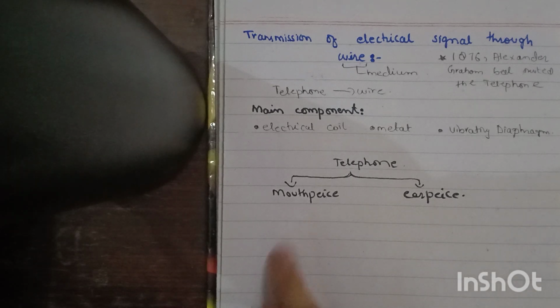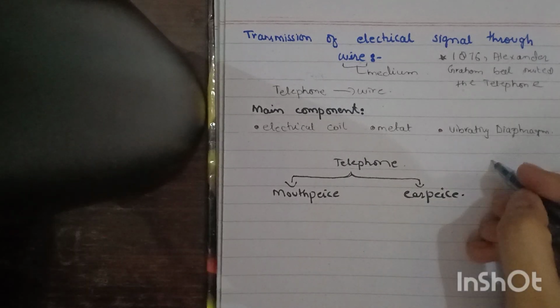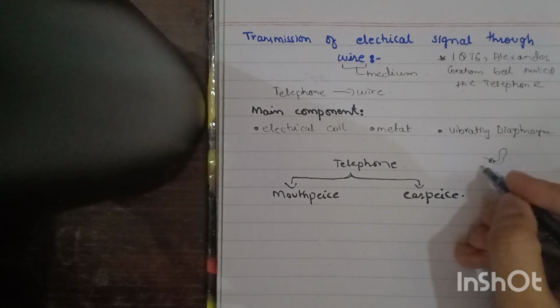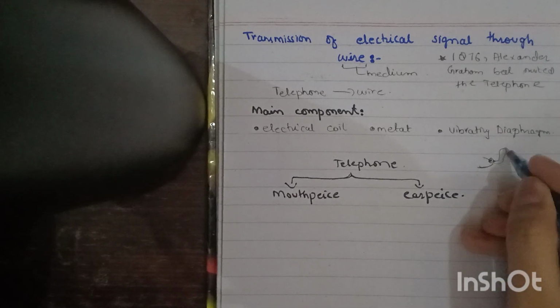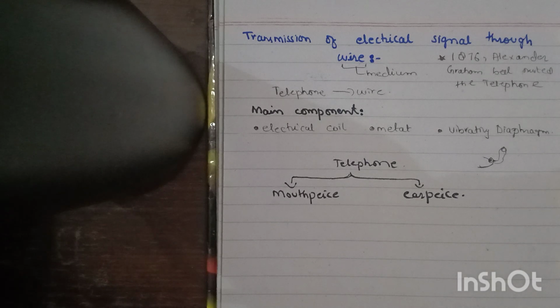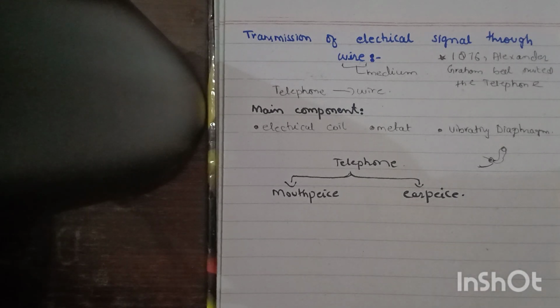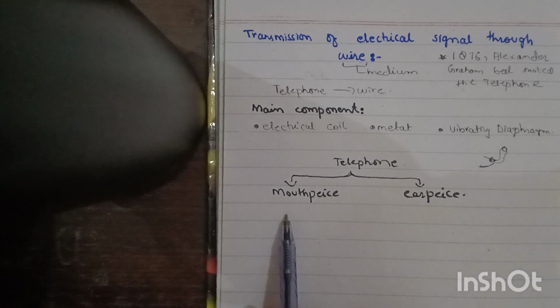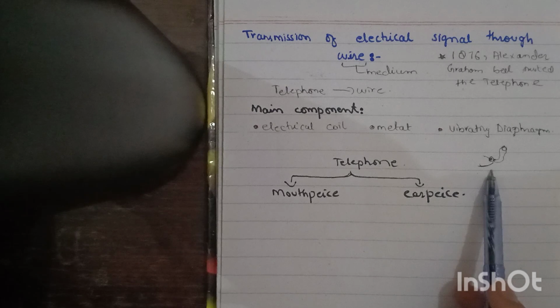For example, this is a phone. If I am speaking here, this is the mouthpiece, the wire is the medium, and the part the person receiving puts on the ear is the earpiece, where you receive signals. The mouthpiece is where you speak, and the wire is the medium here.